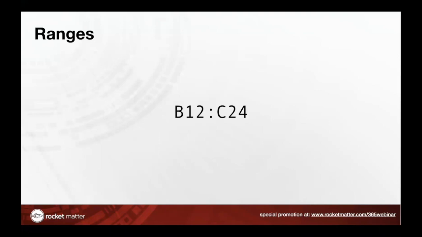This one is B12 to C24, so it is a whole block. It's 2 columns and 13 rows. Excel knows ranges by the starting cell and ending cell notation with a colon in between. So let's just take a look.